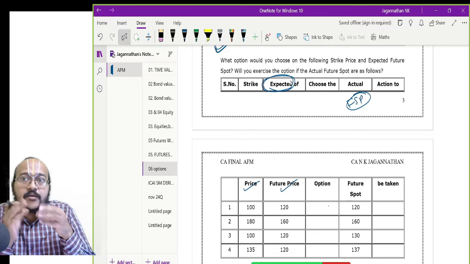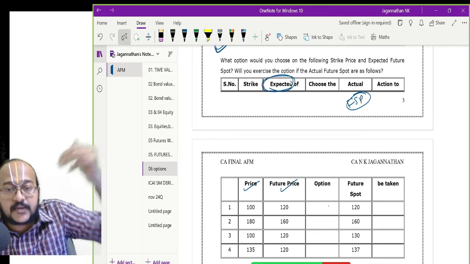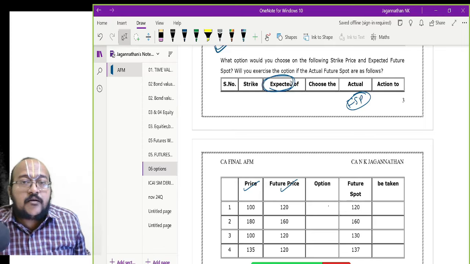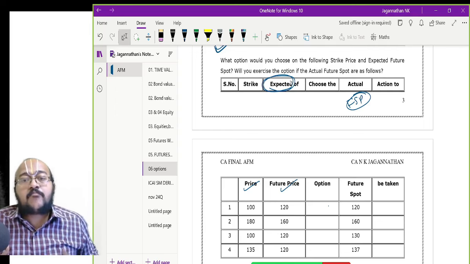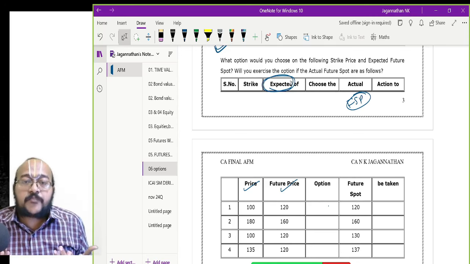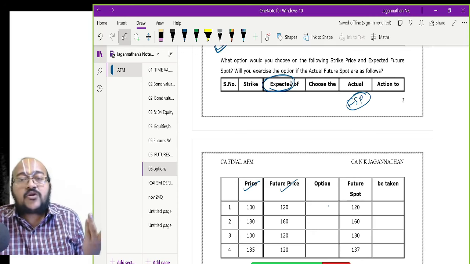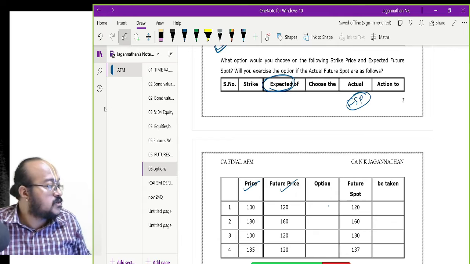If you expect the Reliance share price to go up to 2,500, you will obviously buy a call option. But conversely, if in reality the future spot price came to 2,000 or 1,800, you will not exercise your call option. So, this is what we are going to see.